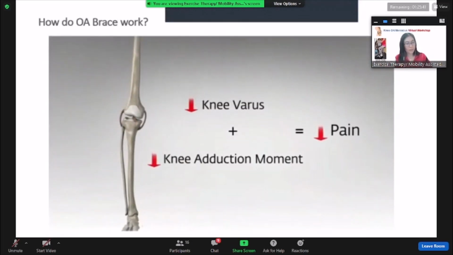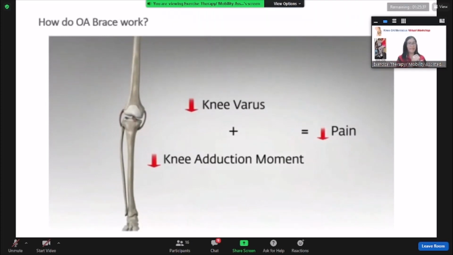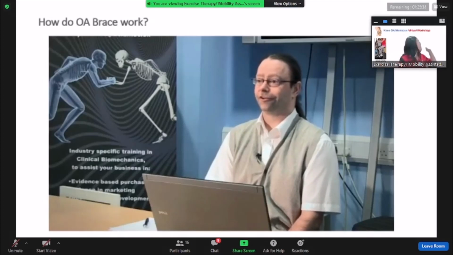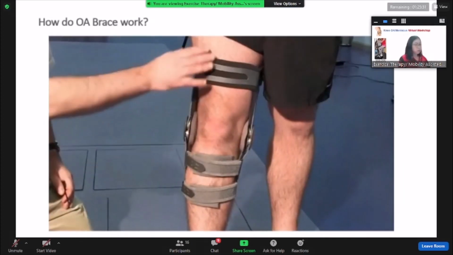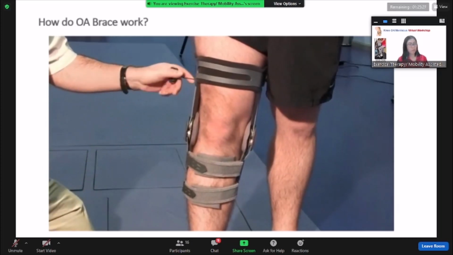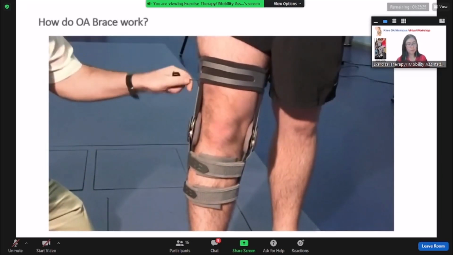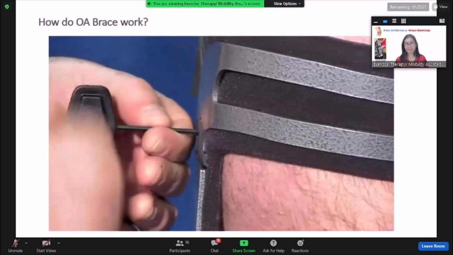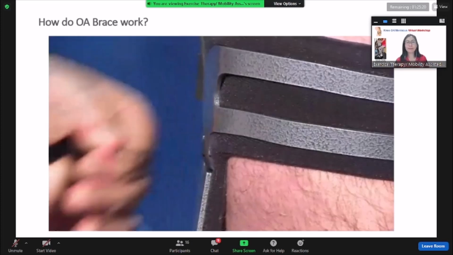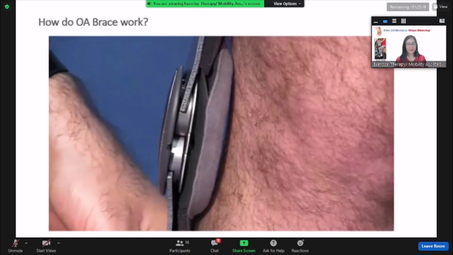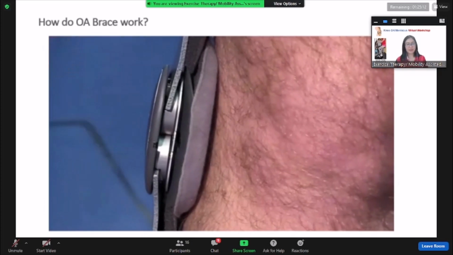Both have the benefit of reducing knee pain on the medial compartment in patients with medial compartment knee osteoarthritis. This is an OA Adjuster 3, and we are able to dial in different amounts of correction. We can see that this gets pushed in, creating a force on the lateral aspect of the knee.